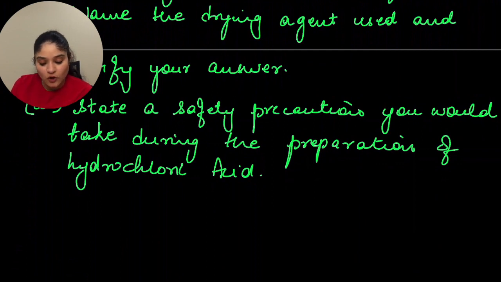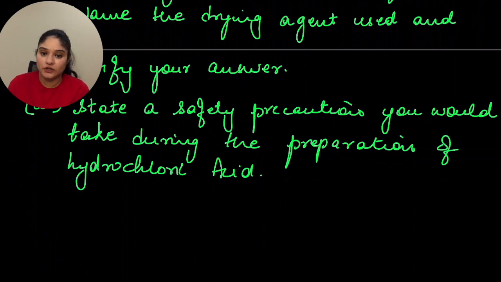Name a safety precaution you would take during the preparation of hydrochloric acid. So the precaution, or you can say the setup that you will use, would be the inverted funnel arrangement, because when you're dissolving it in water, it's easy, with no back suction.